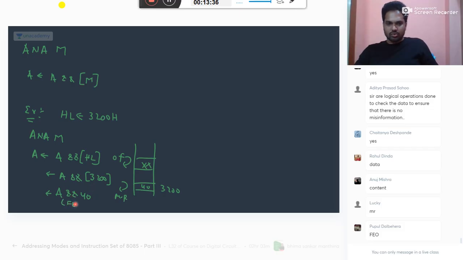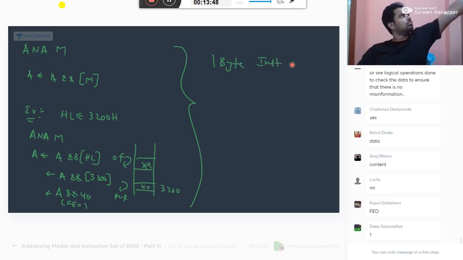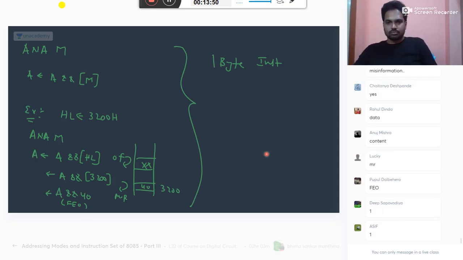Register indirect, RI. Right. Same rule, all flags affected. Carry is equal to 0. Auxiliary carry is 1. Very good.